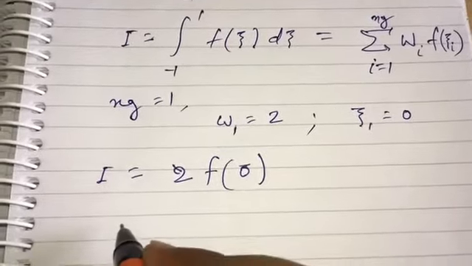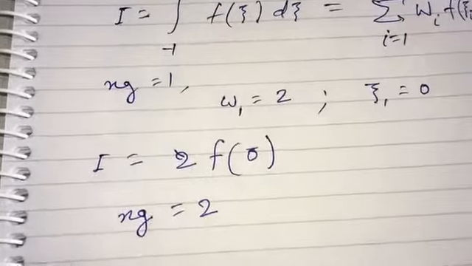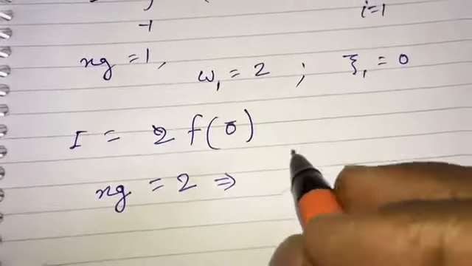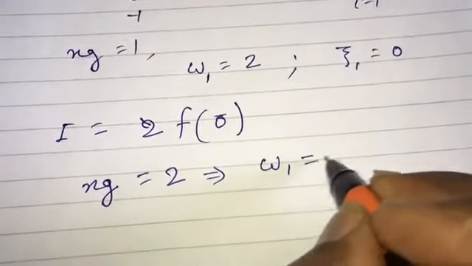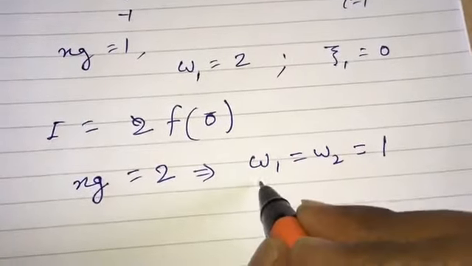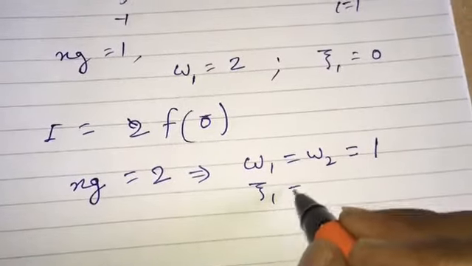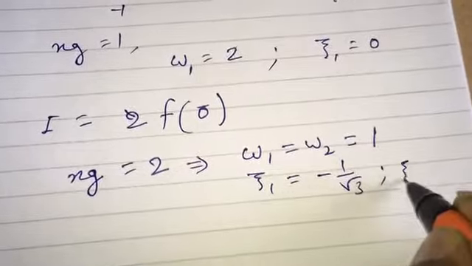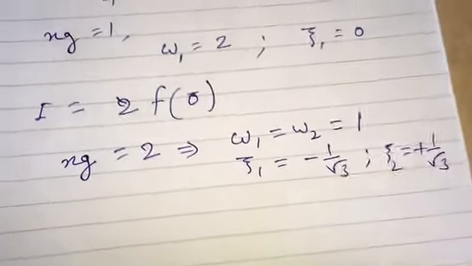So if you take ng equal to 2, in that case we will have w1 equal to w2 equal to 1, and xi 1 is equal to minus 1 over root 3, and xi 2 becomes plus 1 over root 3.